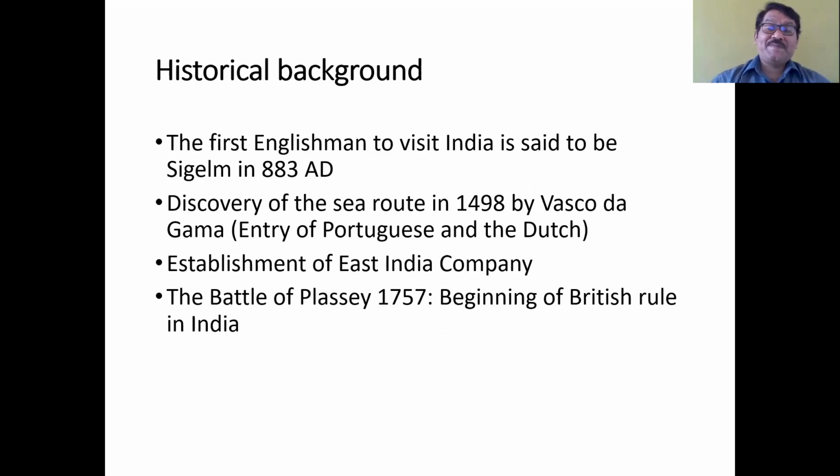Of course, the literature begins quite late in the 19th century, but English connections begin in India quite way back in the 9th century itself, with the first Englishman to visit this country. However, it took 5 or 6 more centuries to find a sea route, because it was a land route when the first Englishman visited.